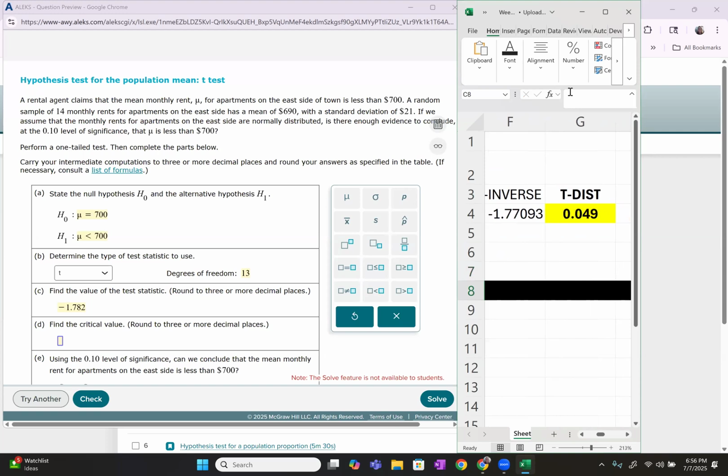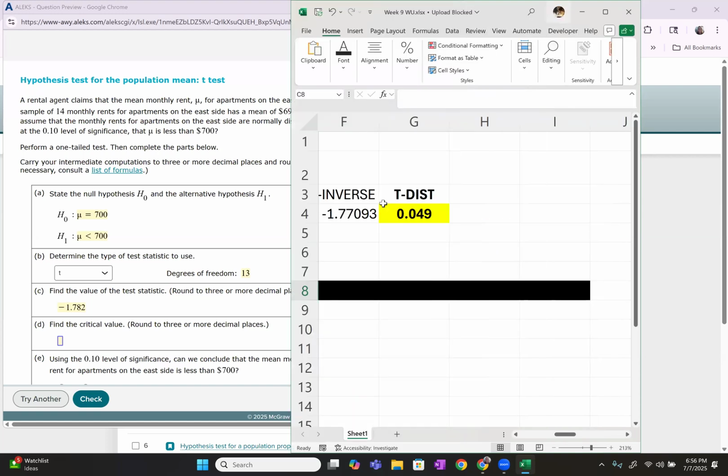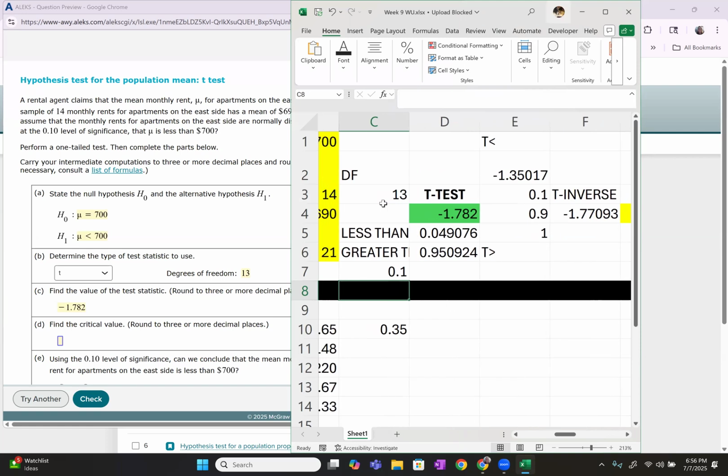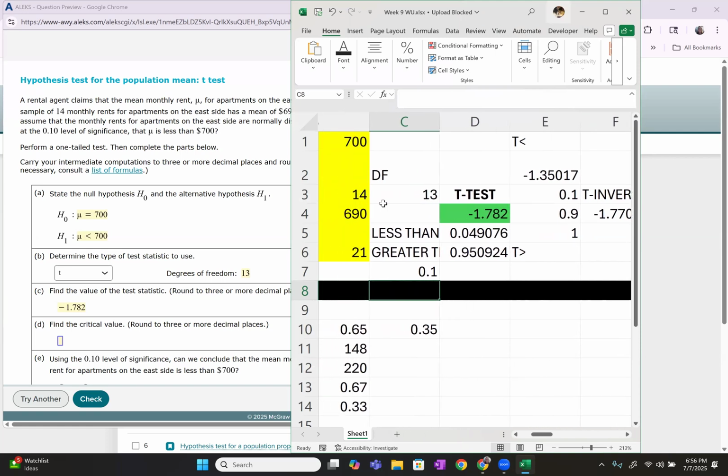Let me look at this carefully here. They're giving us an alpha of 0.10. In this case, we're gonna have an alpha of 0.10 and 0.9. They said less than, right? So 1.35.